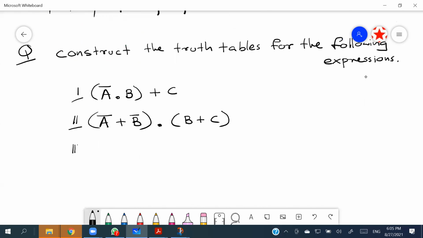And the third one, a plus b bar, I'm sorry, it's the wrong one, a dot b bar plus a bar dot b bar.